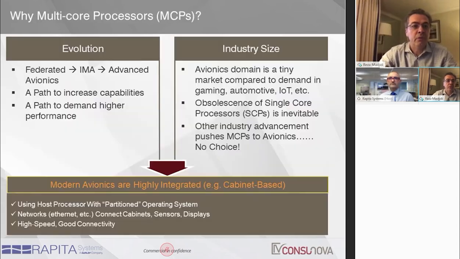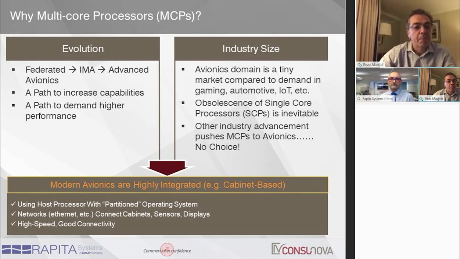So why do we have to deal with multi-core? There are two reasons. The main reason is industry size and evolution. The avionics domain, compared to gaming or automotive, is a very tiny market, and the market moves forward. So we have obsolescence of single core, which is very difficult to get these days, and we as an avionics domain have to follow.